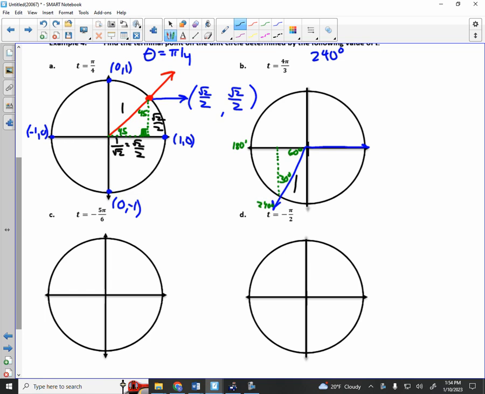How does the shortest side of the 30, 60, 90 compare to the hypotenuse? Half. So half of 1 is 1/2. In our 30, 60, 90, what did you do to the short side to get the longer side? You multiply by root 3. So therefore, you get the square root of 3 divided by 2.